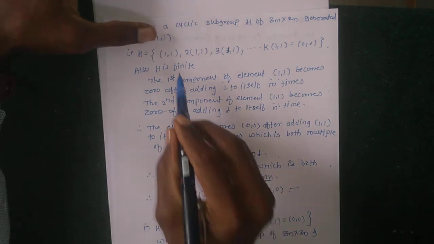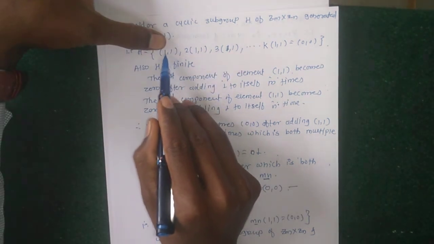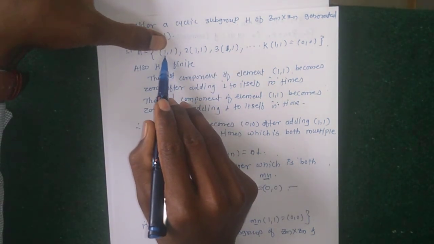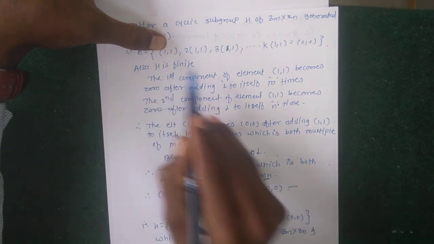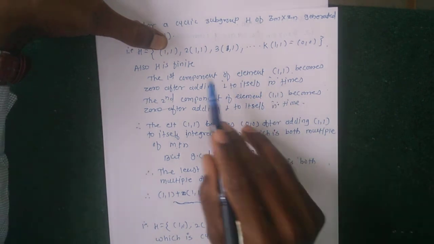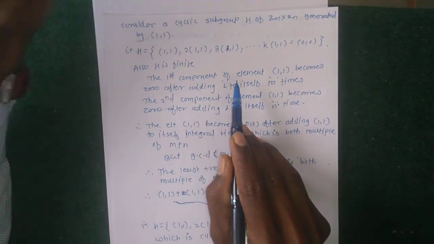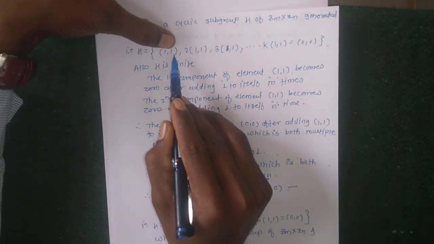In this element, the first component becomes 0 if we add up m times, that is, a multiple of m, and the second component becomes 0 at a multiple of n.